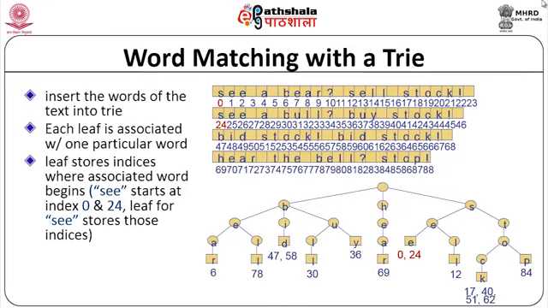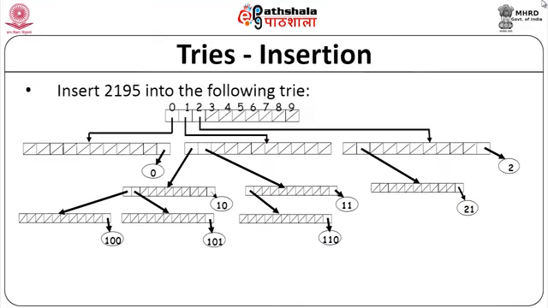For example, if you follow the node, you have SEE, and SEE starts at 0 and 24 in your representation. It is a 0 to 88 representation. It starts at 0 and 24. So, those 0 and 24, the leaf tells you where SEE will be. So, instead of having the character there, you are actually using the index into the text where it is stored.